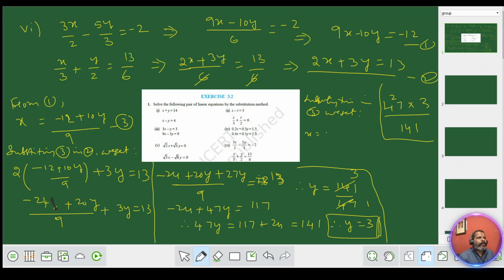X equal to minus 12 plus 10 into 3 by 9. Minus 12 plus 30 by 9. Minus 12 plus 30 is 18, 18 by 9. 9 1s are 9, 9 2s are 18. Therefore, x equal to 2 is the solution. Okay.